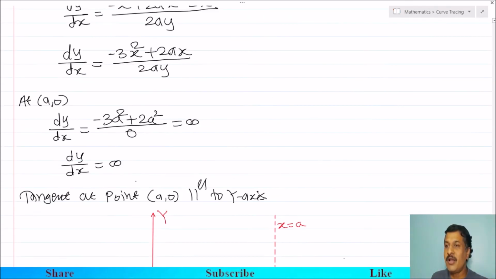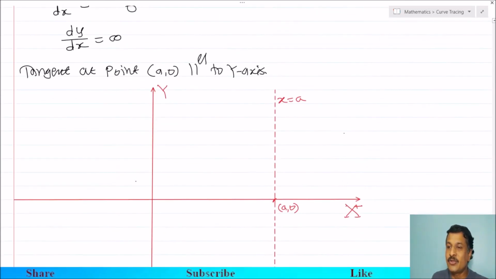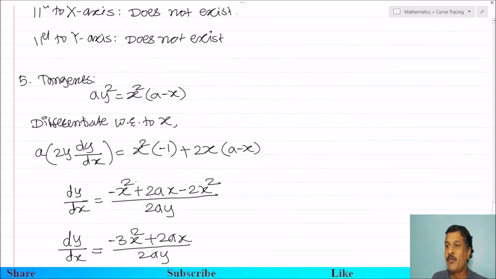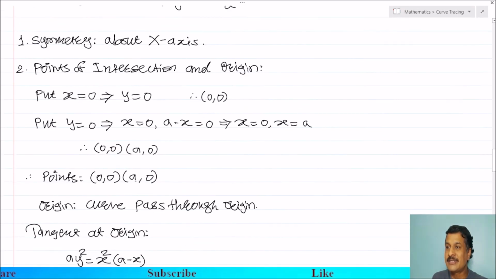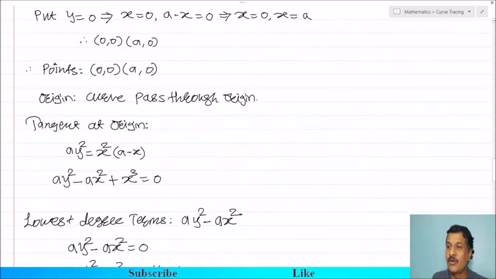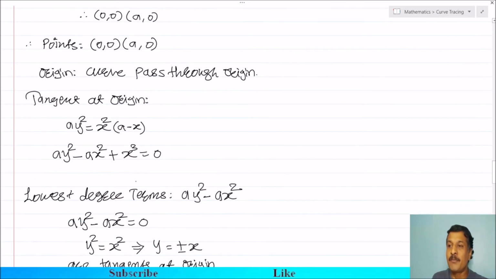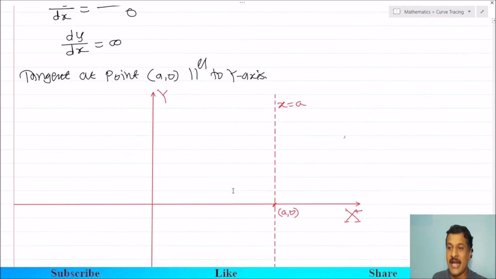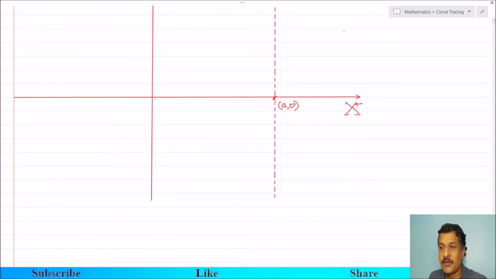So first of all, that is symmetry, then the region of absence we got, then points of. So the first point is over, the second point is over. Okay, the second point here is (0, 0). The curve passes through the origin and the curve passes through (a, 0). So we now have these 2 points. The curve passes through this point (0, 0) and also through this point.